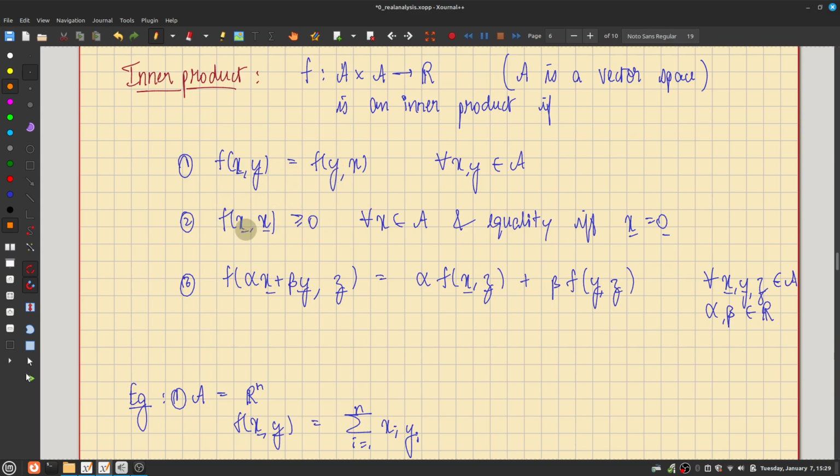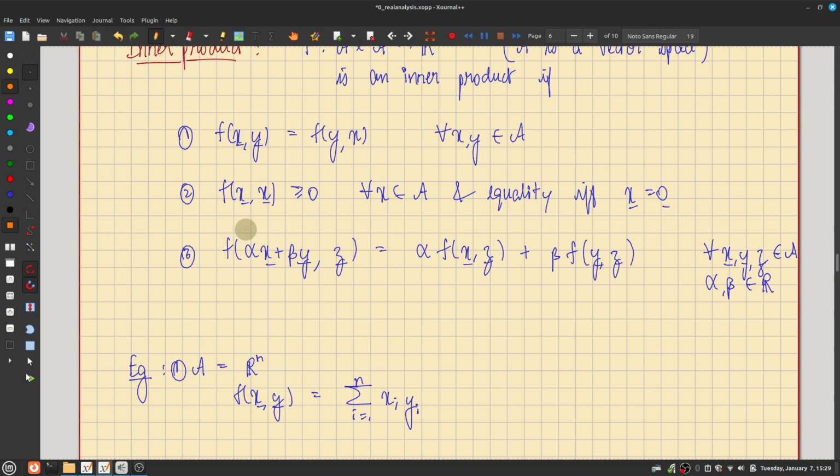The inner product between a vector and itself should be greater than or equal to 0, and should be strictly greater than 0 if x is non-zero, right? And it also has this linearity property.